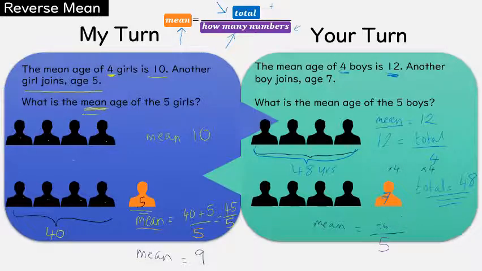The total, well, we know that the 4 boys added together is 48, and the new boy that's been added is 7. So I've got now everything I need in order to work out the mean. 48 plus 7 is 55. And then 55 divided by 5 is 11. So the new mean of the boys is 11 years old.